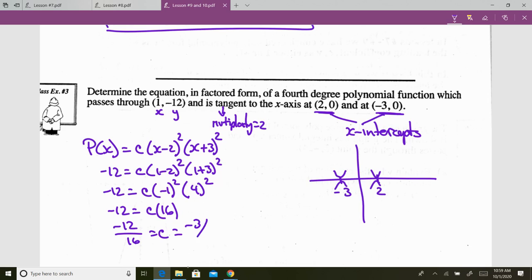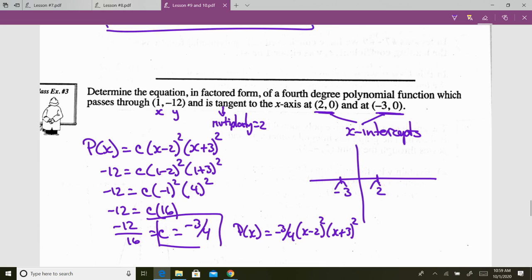Reduce it, so negative 3/4. So the actual equation is p of x is negative 3/4 x minus 2 squared x plus 3 all squared. So does the graph face up or down? Faces down because we have a negative leading coefficient, right? So if I asked you to sketch the graph, it would look like this.